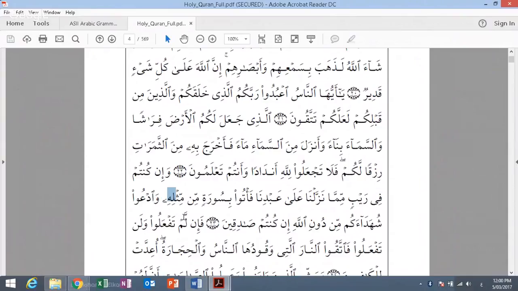Wahid muzakkar ghaib, very good. Dhamir majroor muttasil, excellent. Shuhada'akum. Jama muzakkar hazir, dhamir majroor muttasil.